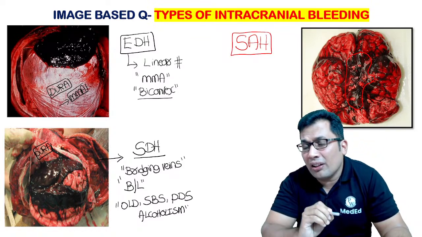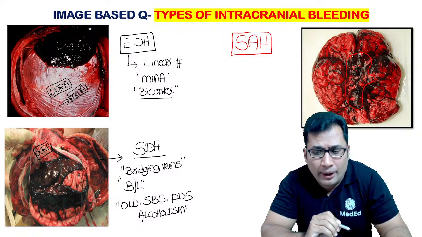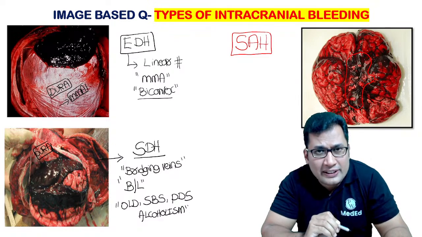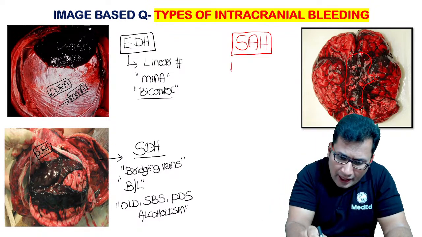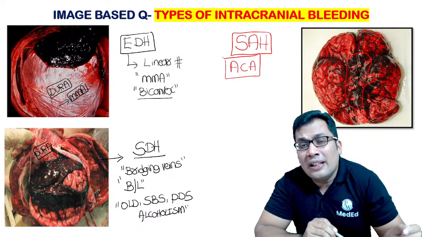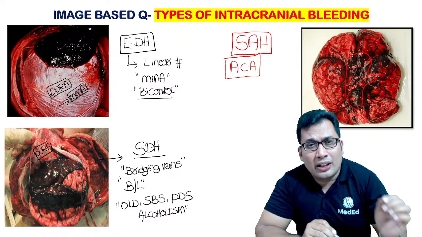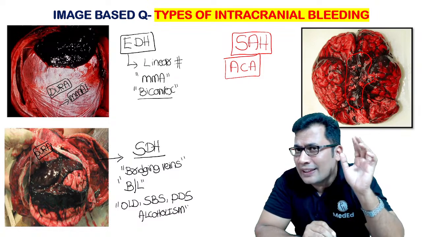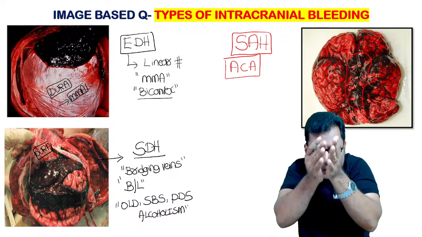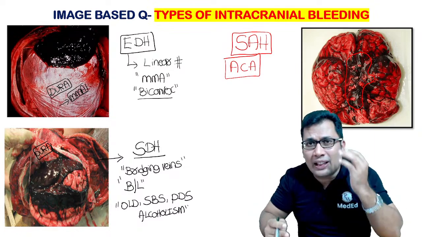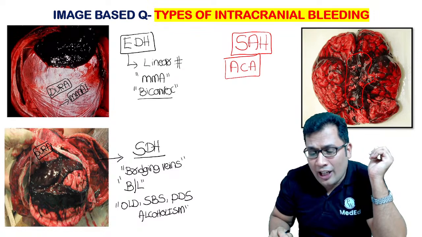It is between the arachnoid mater and the pia mater. The question can be asked, what is the commonest vessel? Your answer should be anterior cerebral artery, or the anterior part of the circle of Willis. The commonest cause is rupture of berry aneurysm, which leads to hematoma at the base of the brain, that leads to subarachnoid hemorrhage.